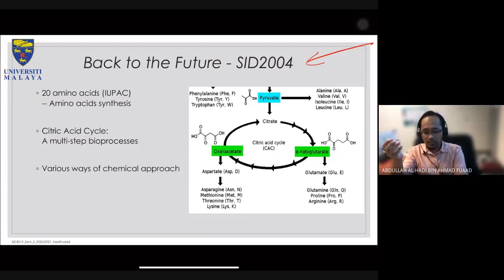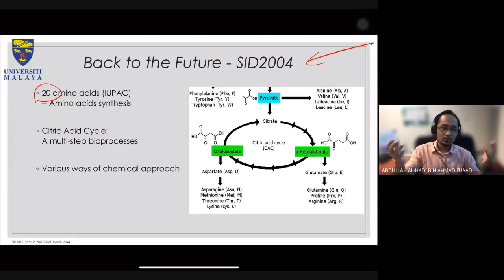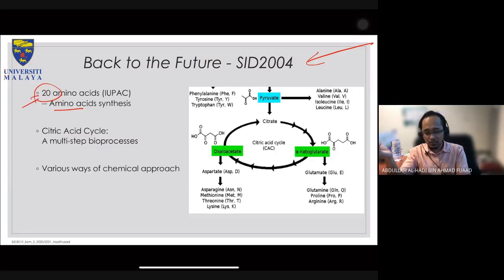We know that there are 20 amino acids that are recognized by the IUPAC system as the natural amino acids. Okay, meaning that there are a lot of amino acids in the world. There are 20 critical amino acids that build us human as what we are. But if you consider bacteria and other organisms, there are actually more than 20.